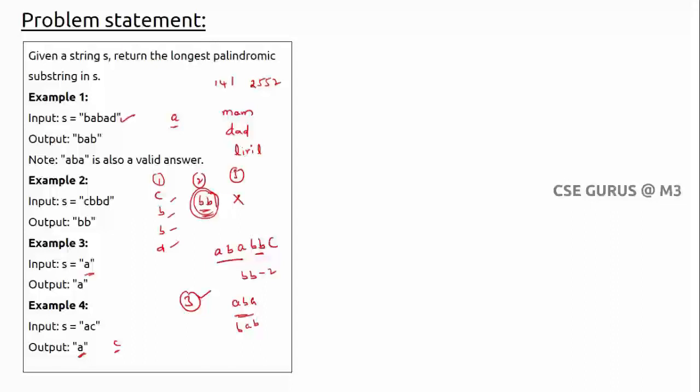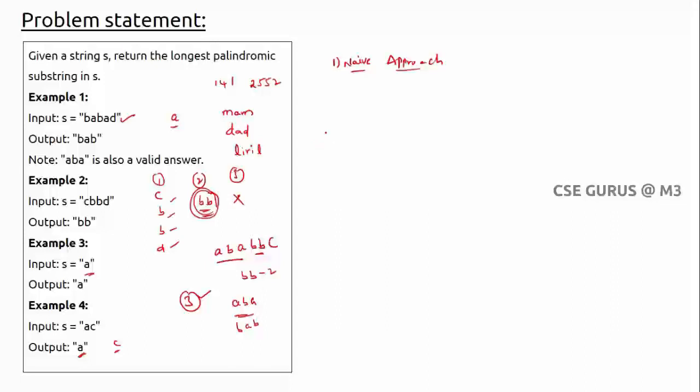So what are the steps, how do we get this answer? First we'll see the naive approach. What is the general approach we follow to get the longest palindromic substring? First of all, we need to find all the substrings. For each substring, check whether it is a palindrome or not, and whichever has the largest length can be returned.